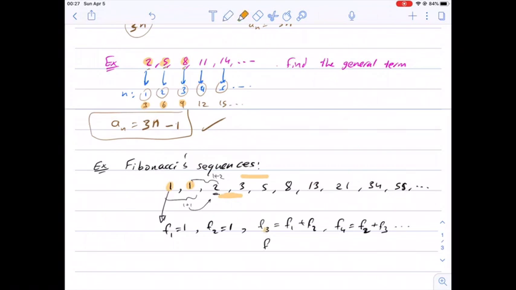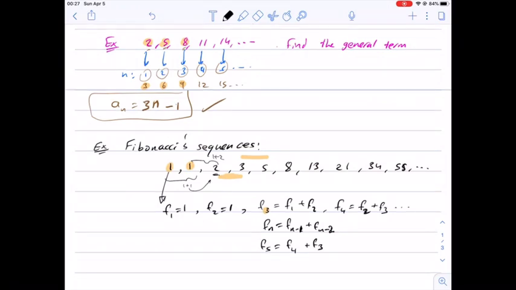So we can write a formula for this. If 3 here represents n, then we need to add f(n-2) plus f(n-1), or f(n-1) plus f(n-2). For example, f5 is f4 plus f3.